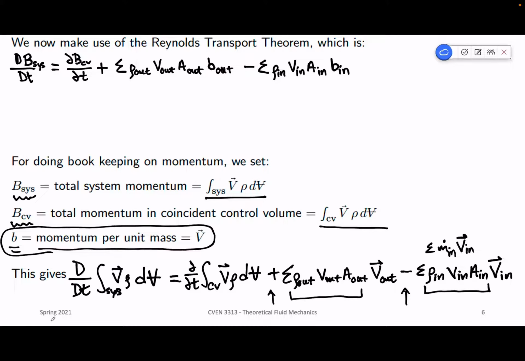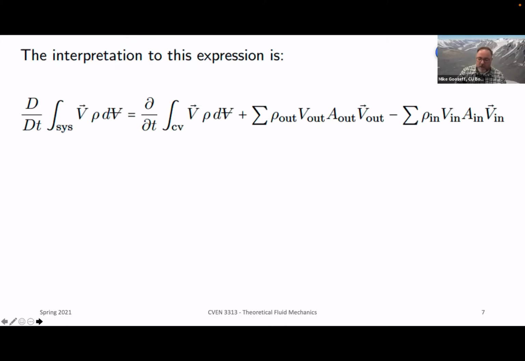Good question. Okay, so here's the equation, perhaps better typed than I wrote on the previous slide. I want to make a point that we can break this down into English again. What is the English interpretation of these four terms right here?